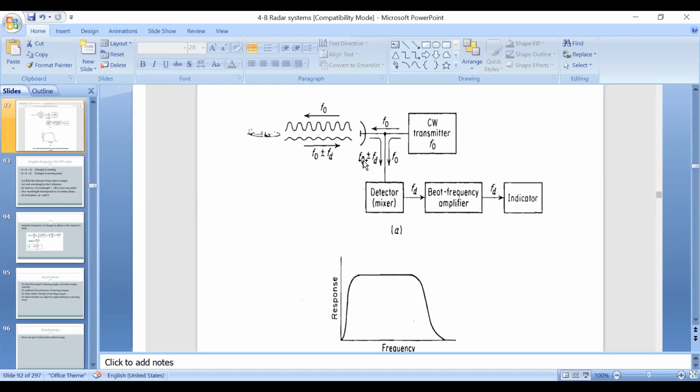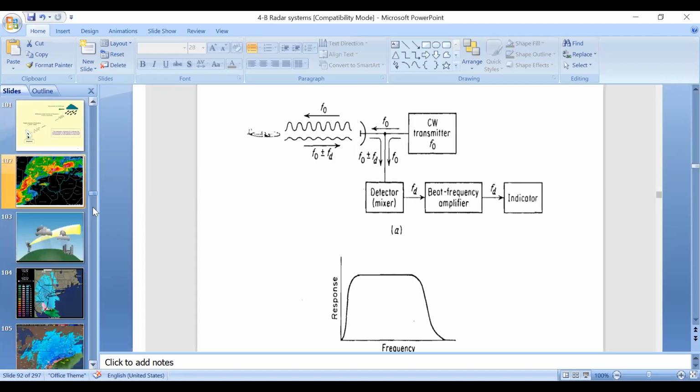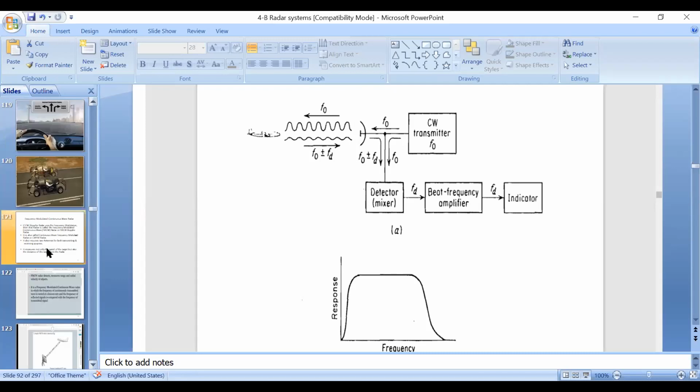In this continuous wave Doppler radar we have a noise called flicker noise, and that flicker noise has a power spectral density.